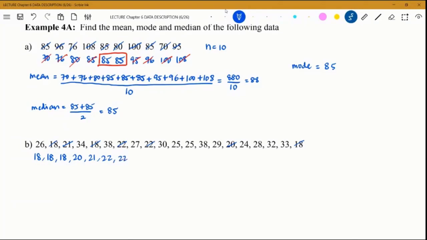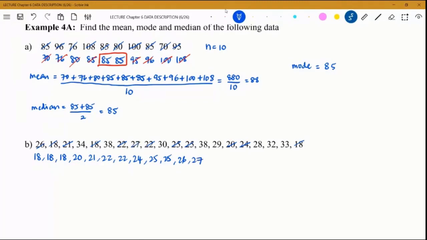Next. We have 24. Okay, arrange first. After 24, what? 25 twice. 25 twice. And then 26. 26, good. Is it once? Okay, once. And then 27.